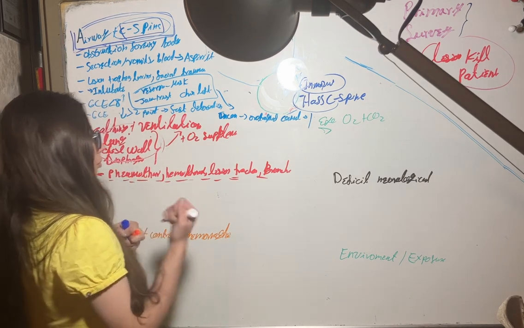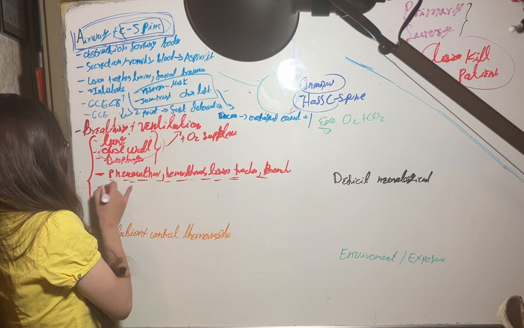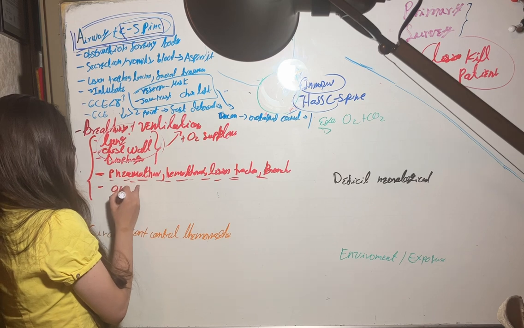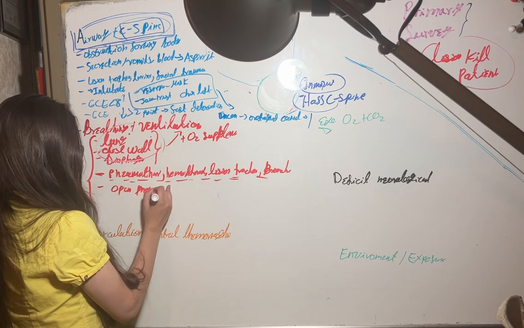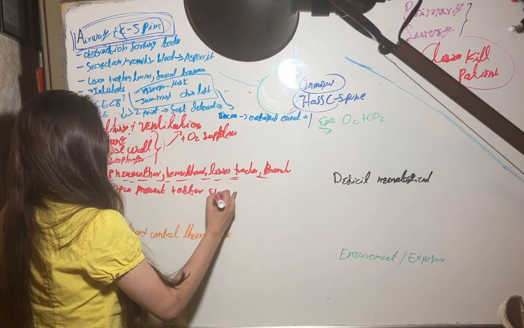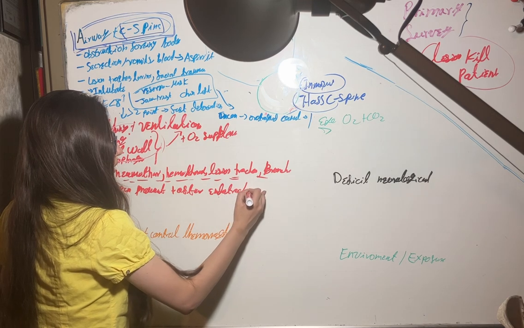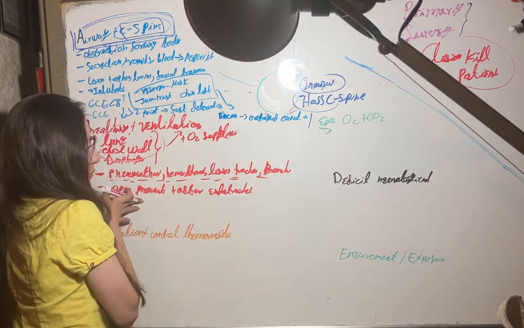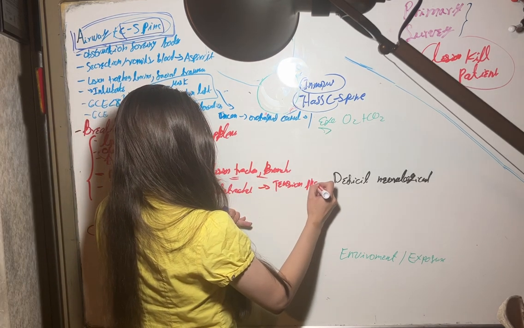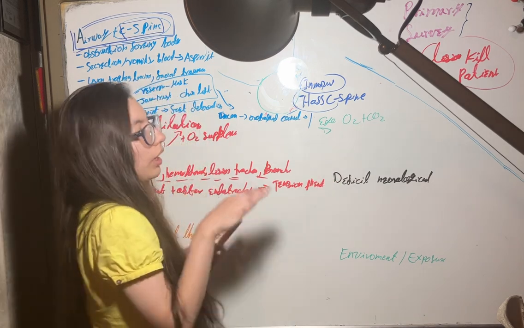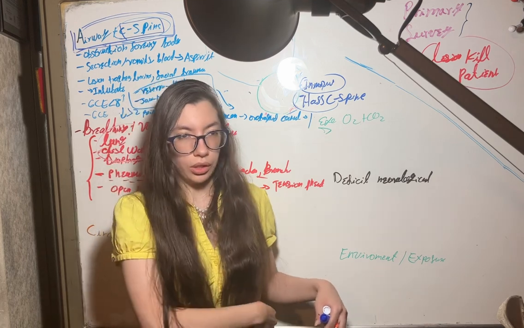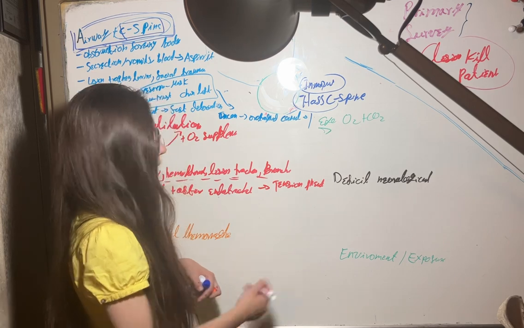Also, we need to always consider that the patient could have an open pneumothorax that, after we put an endotracheal tube, we can convert into a tension pneumothorax. If we have a tension pneumothorax, the treatment is just decompression with a needle or with a pleural tube.